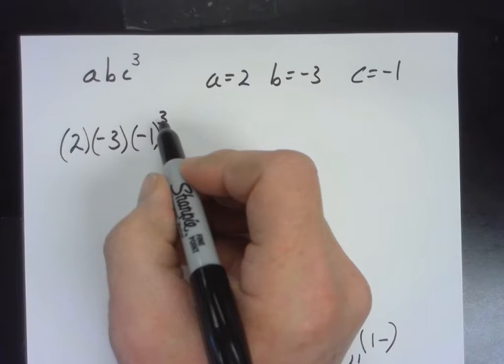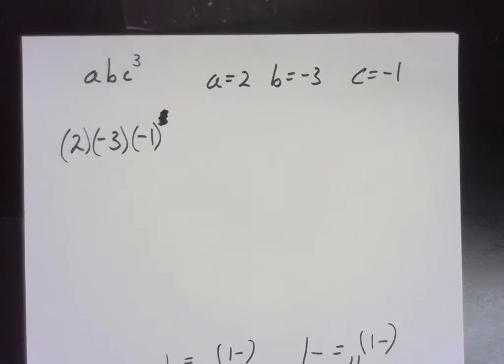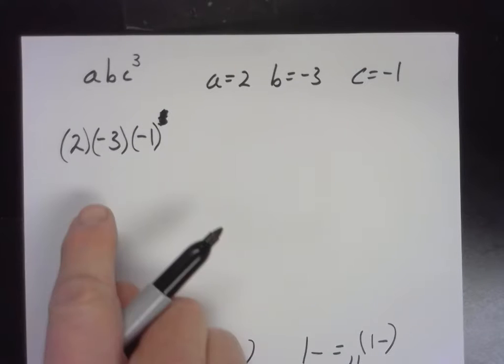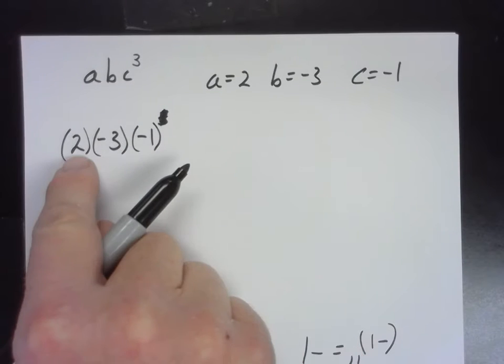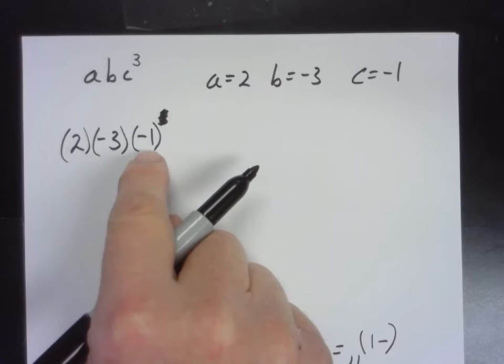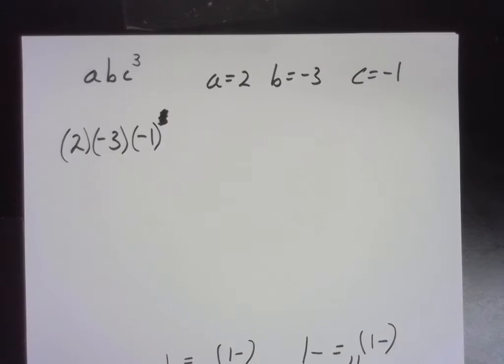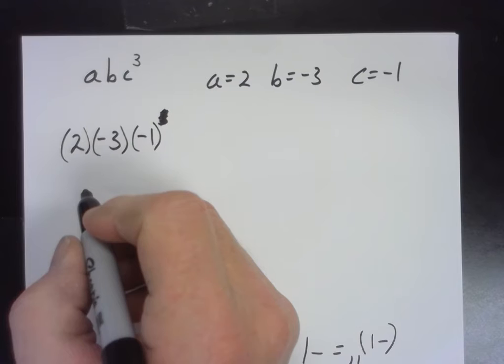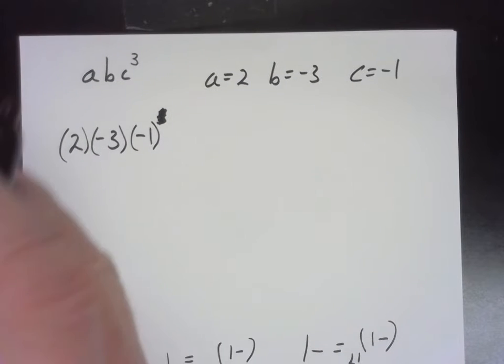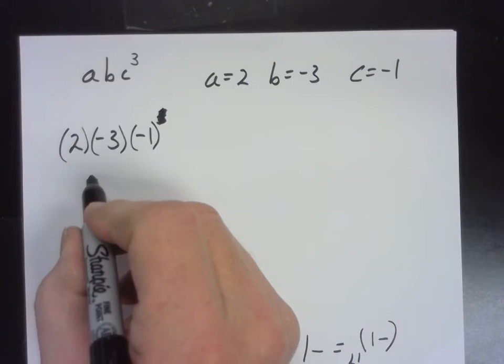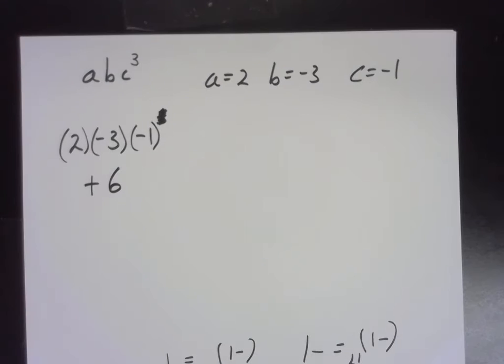We don't need that cube there, do we? So now when we multiply, how many negatives do we have? 2. So what's the answer going to be? Positive. Okay. I wasn't even worried about the 6 part. I'm just worried about the sign of the answer right now.